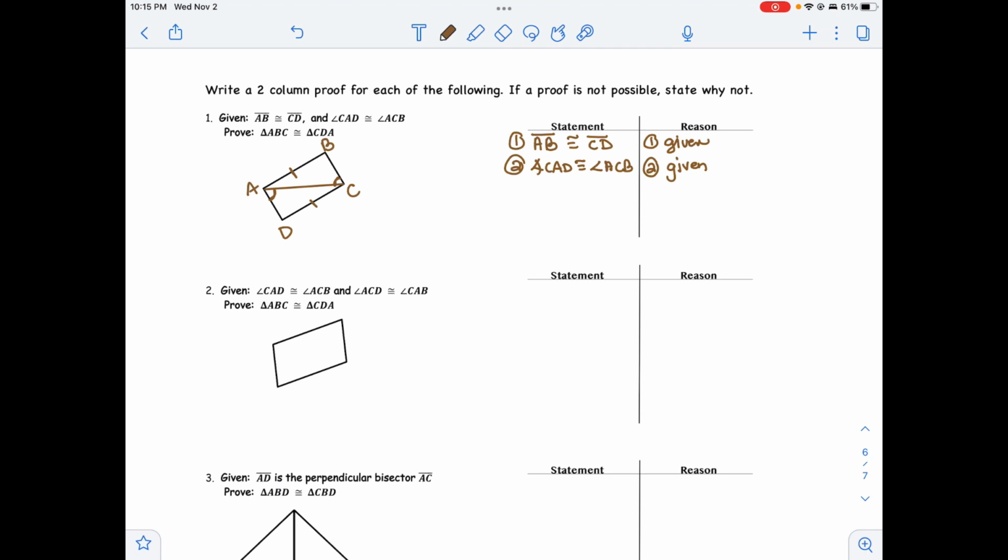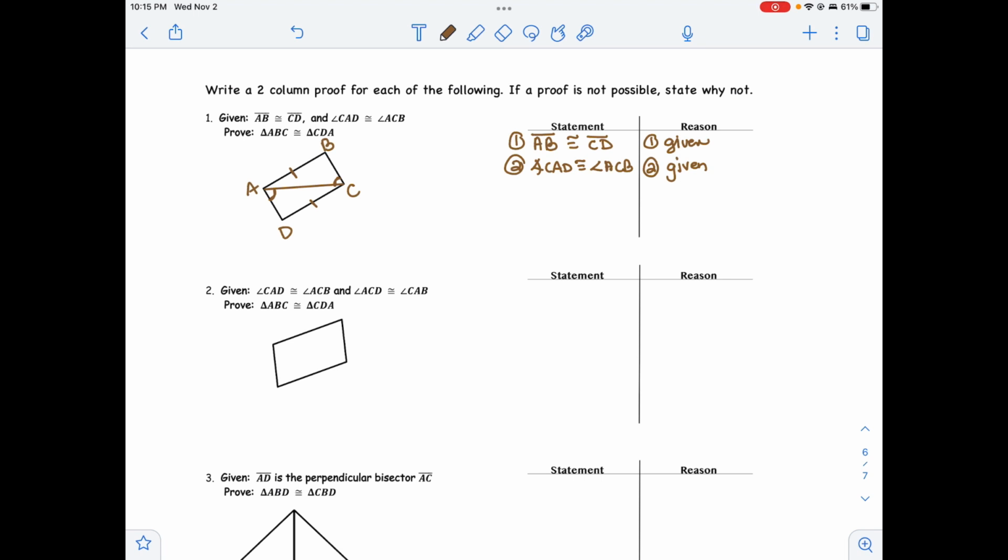And then we've got to think about what else we know. So right now we know an angle, and we know a side, and we're trying to prove that ABC, this whole triangle here, is congruent to CDA.